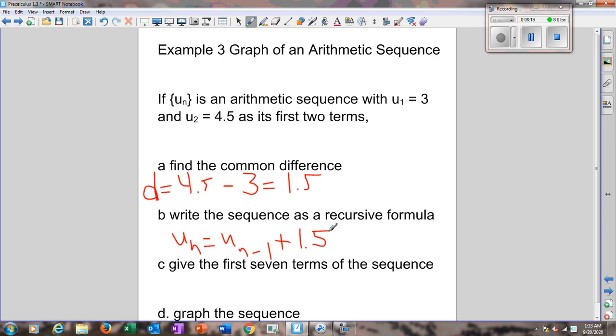Give the first 7 terms of the sequence. So that's going to be 3, 4.5, 6, 7.5, 9.